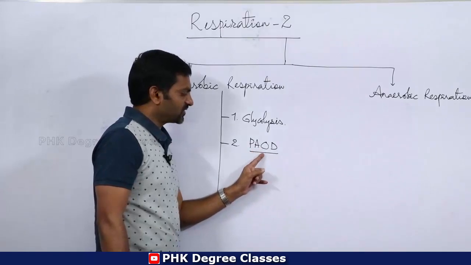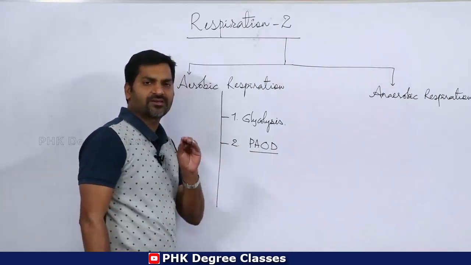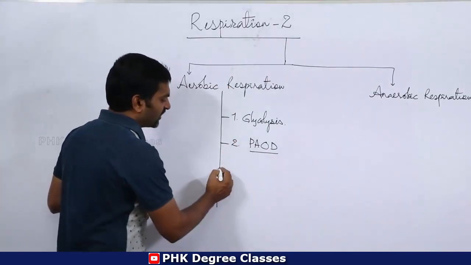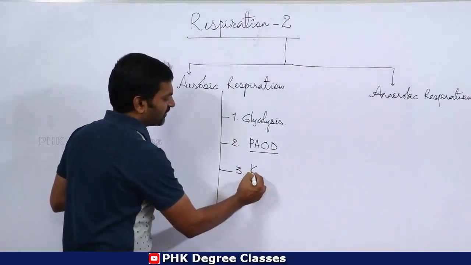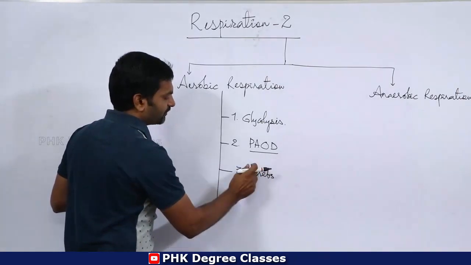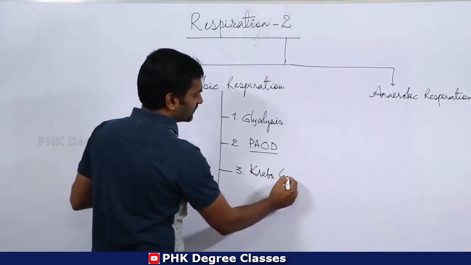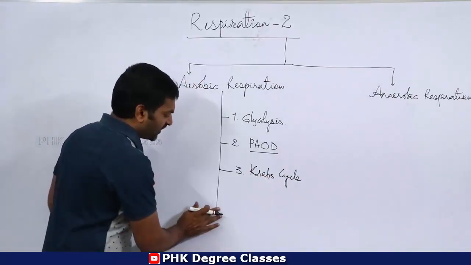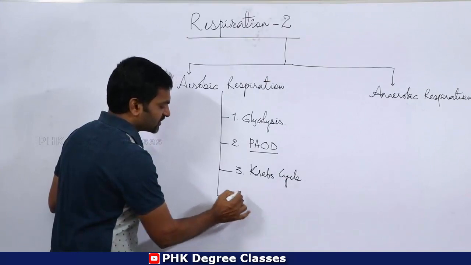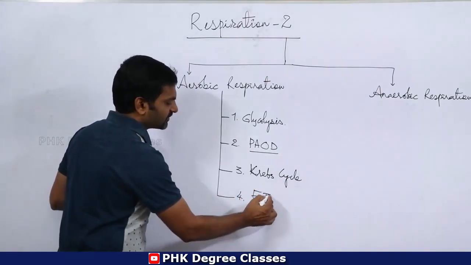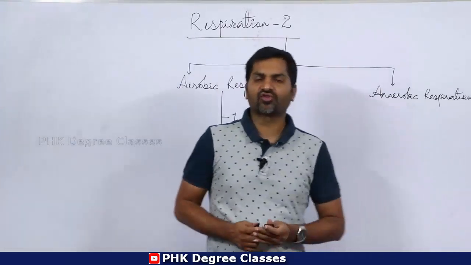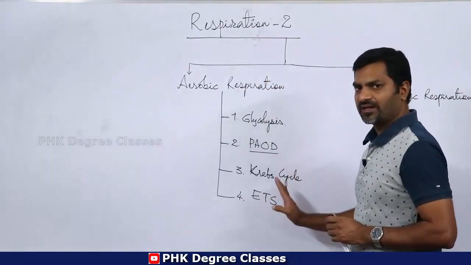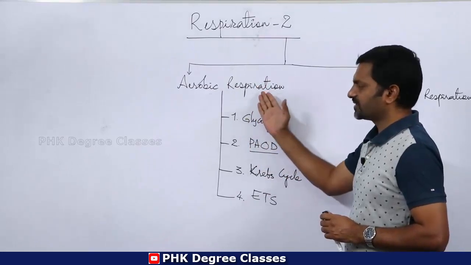Then the third is the Krebs cycle. Finally, the last step is ETS, the electron transport system, which is the final step of aerobic respiration.